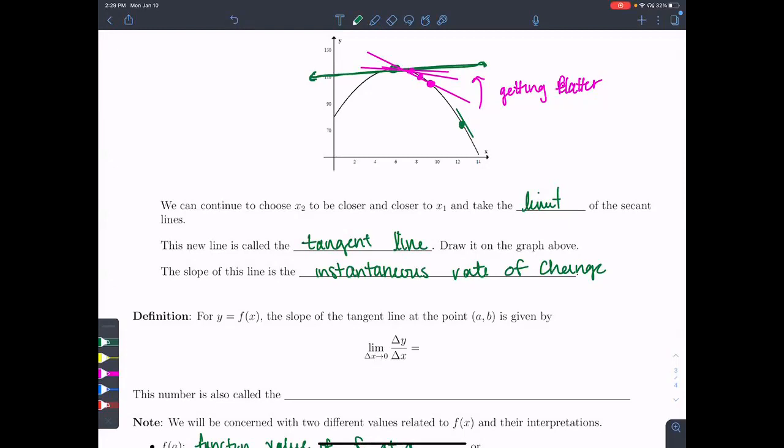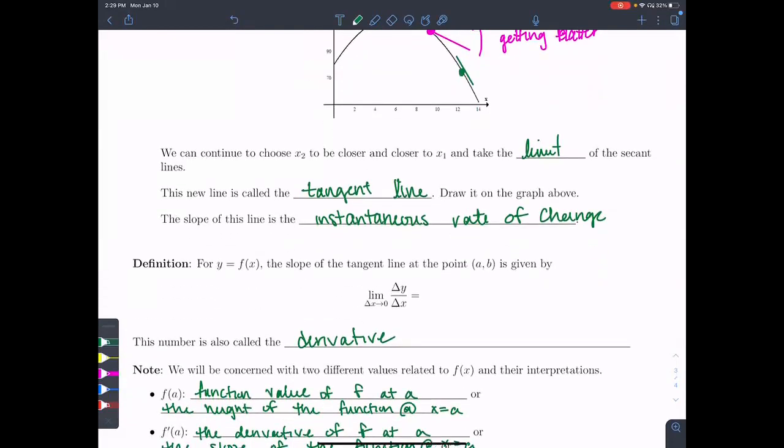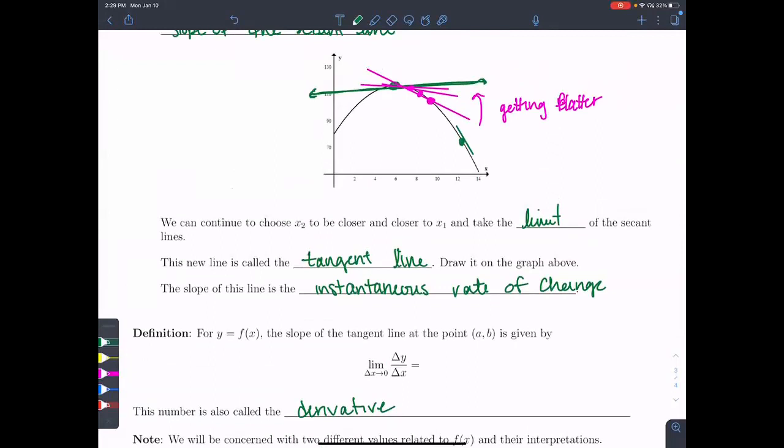The derivative, sorry, this number is also called the derivative. So the instantaneous rate of change is the derivative, and that is the slope of the tangent line. If you have y equals f of x, the slope of the tangent line at a, b is given by the limit as the change in x goes to 0 of delta y over delta x.